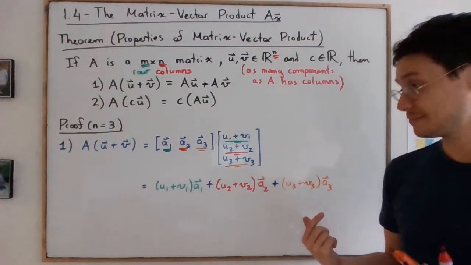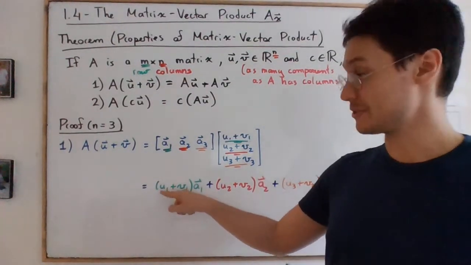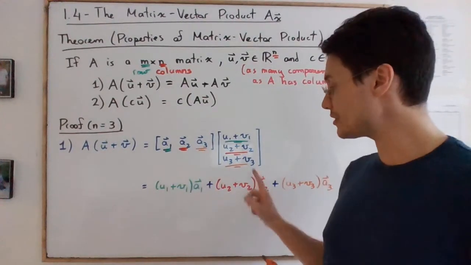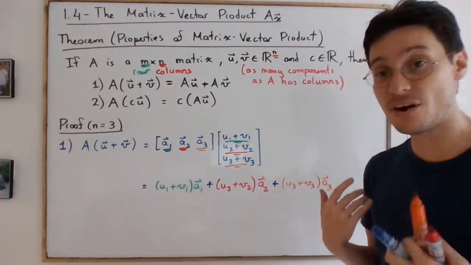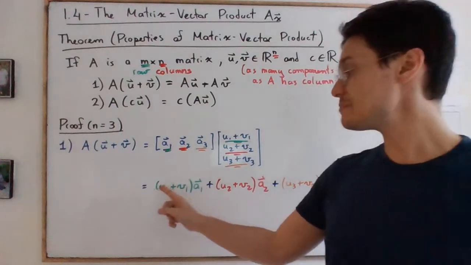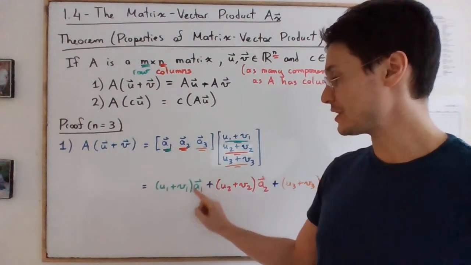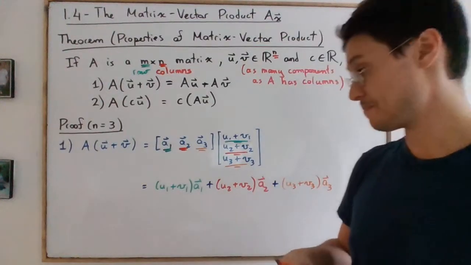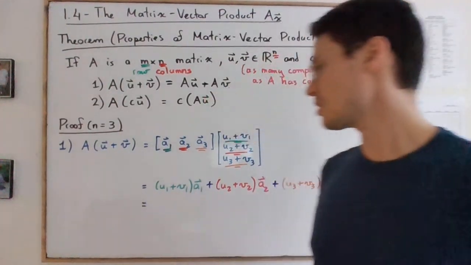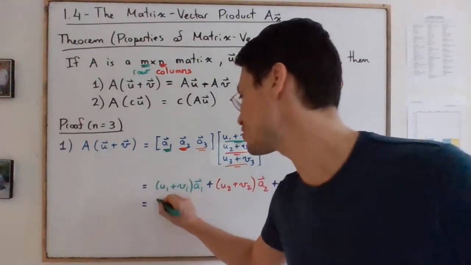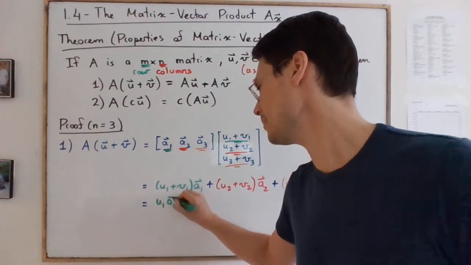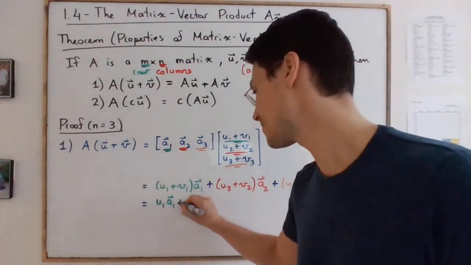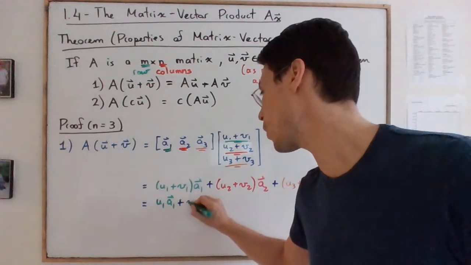At this point, the u1, v1, u2, v2, u3, v3 are all real numbers. And it means that with a vector like this, it's going to be right distributive. So we can say that this is u1 a1 plus v1 a1.